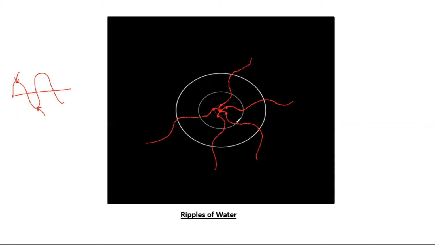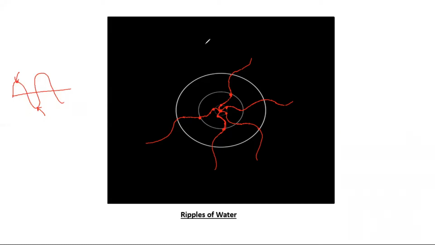Now if I consider this point, this is my trough, our minimum displacement. This is the trough for this particular wave, this is the trough for this wave, then this is the trough, and this wave is moving in this direction, so this is another trough.